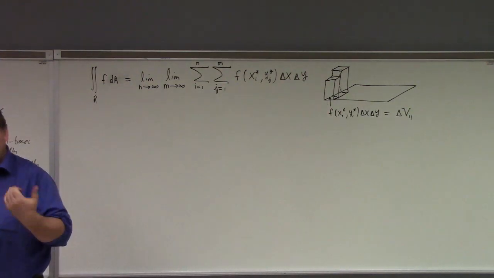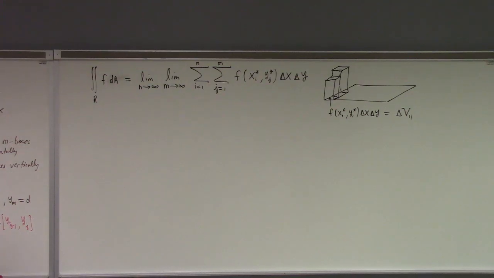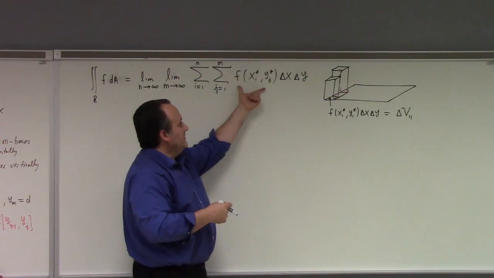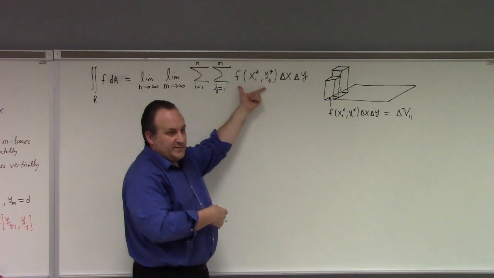You can think about this geometrically as the sum of the volumes of a bunch of skyscrapers, where the area of each skyscraper's base is just delta x, delta y, and the height is defined by whatever the value of the function happens to be at the sample point. Now, of course, if that's negative, then we count the volume as negative.